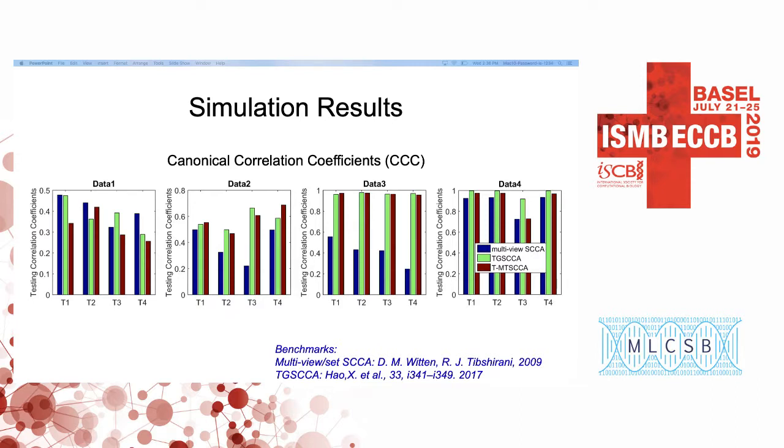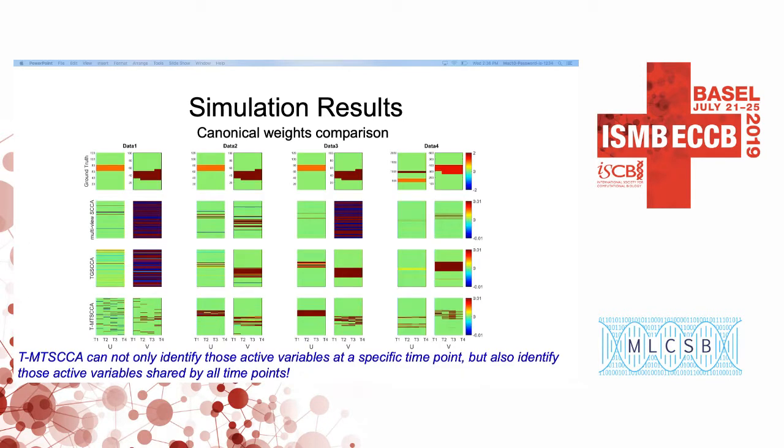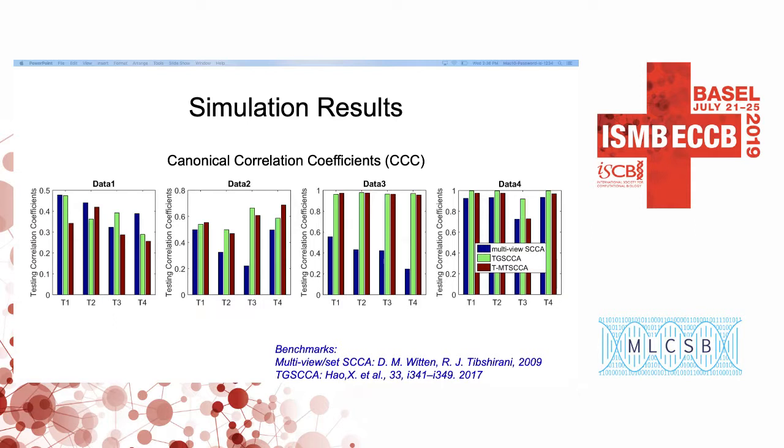On the fourth data set, we see that all methods perform acceptably. We also found that our method and the TGSCCA perform better than the multi-view CCA. This means both the TGSCCA and our method have a temporal constraint. This may be a good constraint in longitudinal studies.